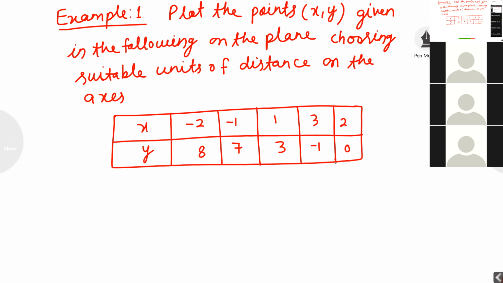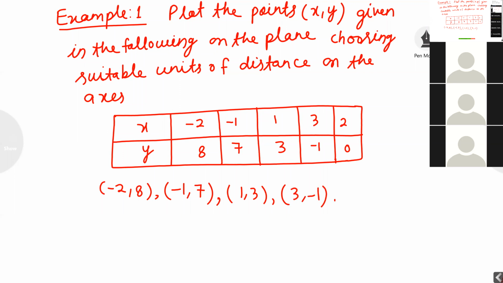Now students, tell me, if x is -2, y is 8, what is the first point? First point will be -2 comma 8. Second point will be -1 comma 7. Third point will be 1 comma 3. And fourth point 3 comma -1.